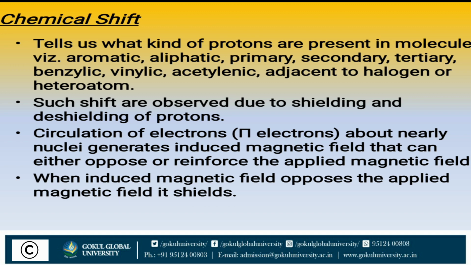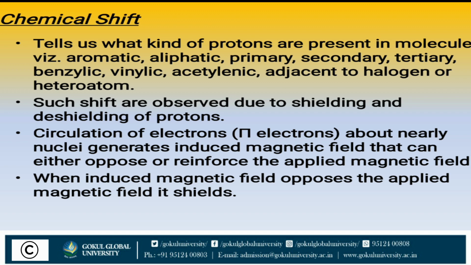We know these kinds of protons very well, so today we do not discuss this point. On another point, such shifts are observed due to shielding and de-shielding of protons. Remember these words, shielding and de-shielding. These two measure the protons' effect on the chemical shift.